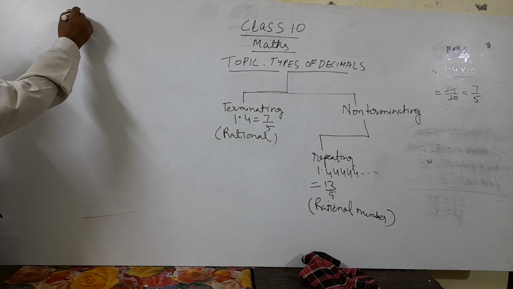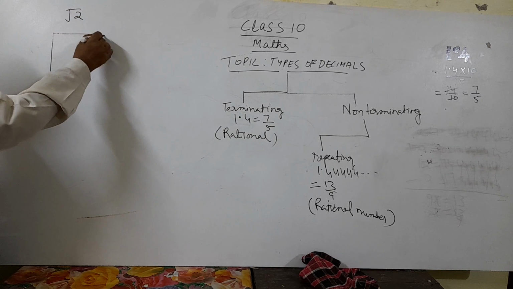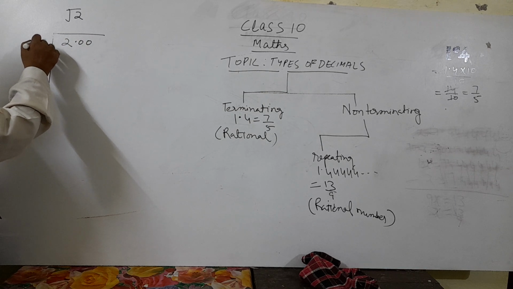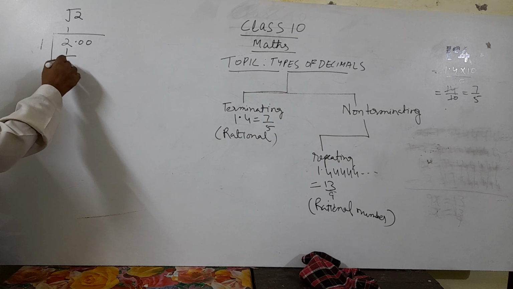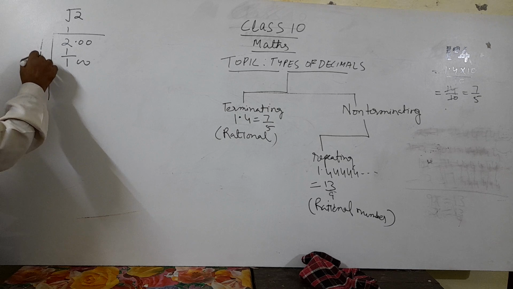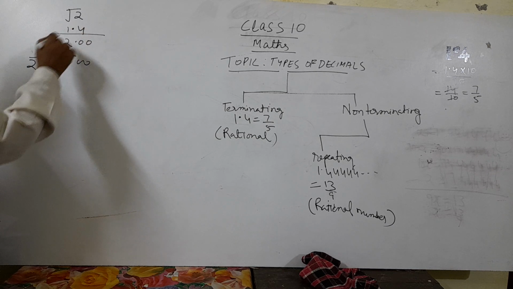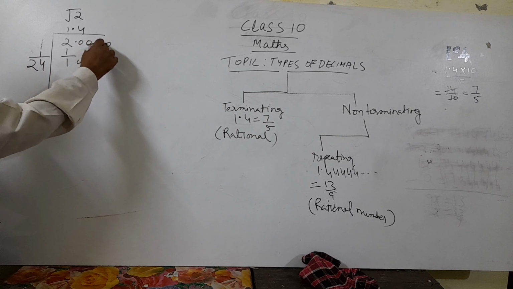Under root 2. What is the decimal value of under root 2? Let us find out by the division method. 1 will go one time. 1, 2 zeros will come down. 2, we put the point here. 4. 96.